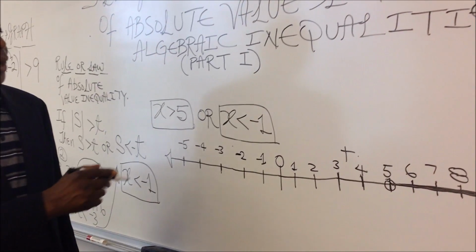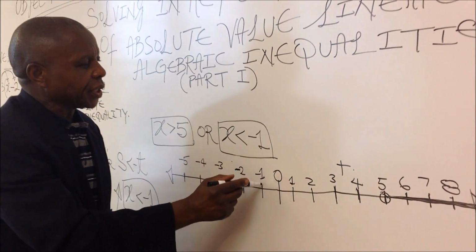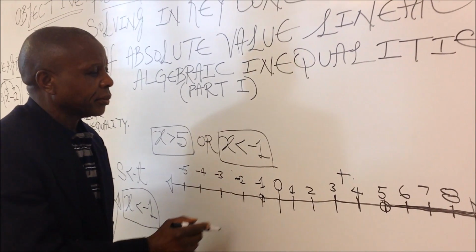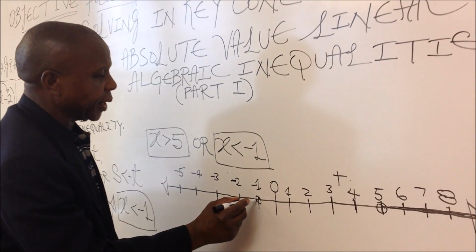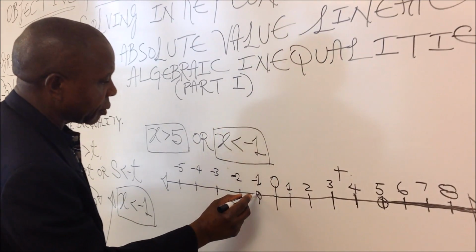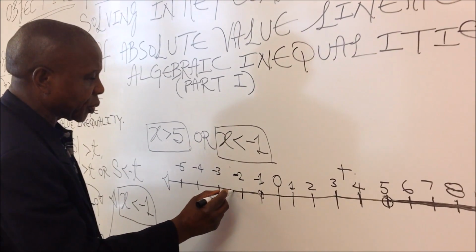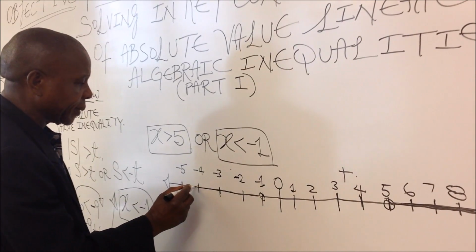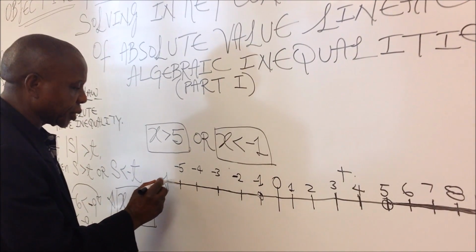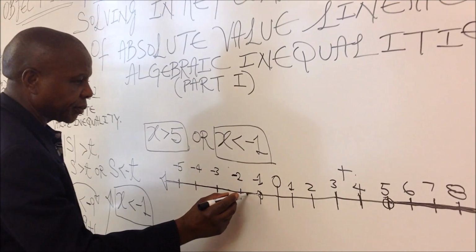Notice that every number less than negative 1 is a solution. Negative 1 is not a solution, but every number to the left of negative 1 is a solution to this inequality.